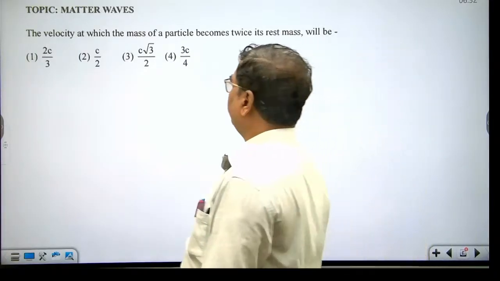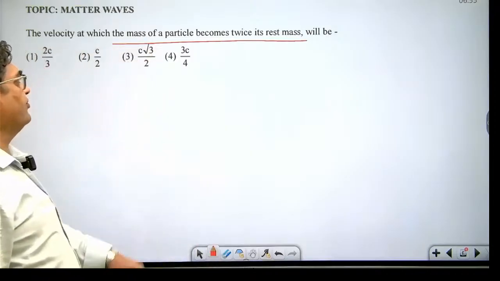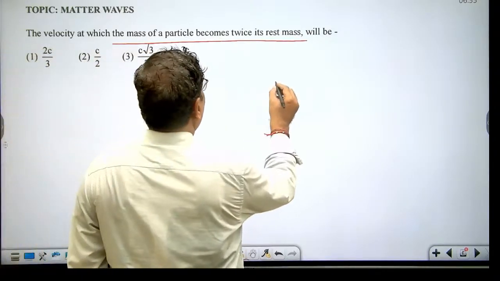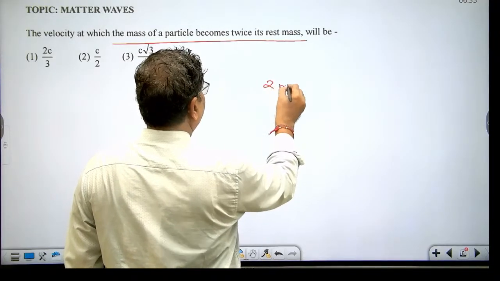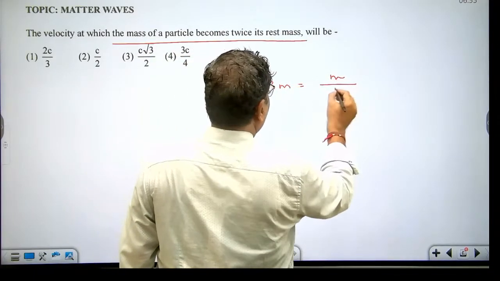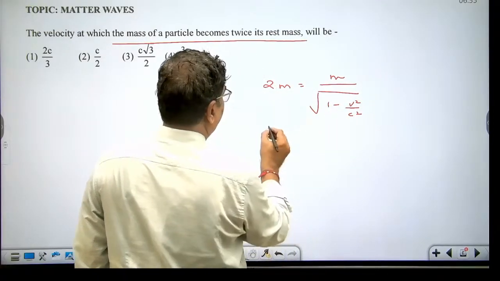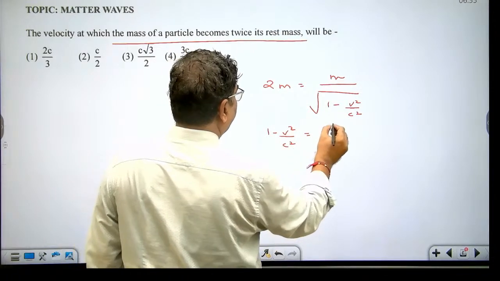The velocity at which the mass of a particle becomes twice its rest mass. This is a very good question for NEET JEE. Mass of the particle becomes twice its rest mass, means 2m equal to m divided by under root 1 minus v square upon c square. So 1 minus v square upon c square will give you 1 upon 2.